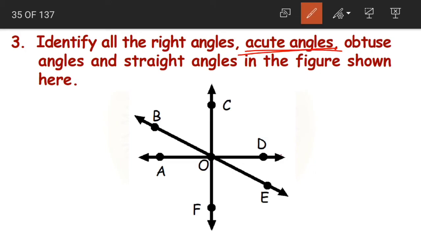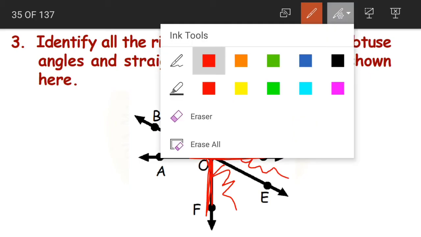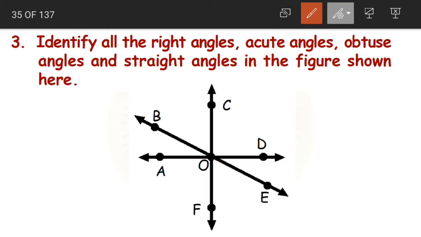Again, acute angles are the smaller angles. So they come within a right angle. So this is our right angle, right? So within this right angle we are having 2 smaller angles. So these will be our acute angles. What are they?